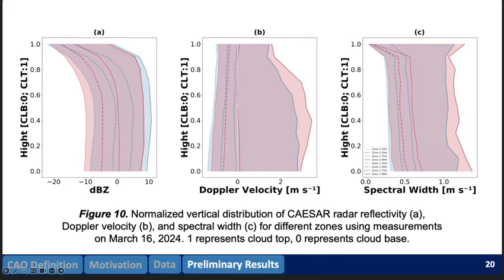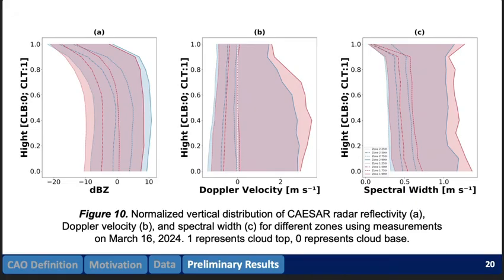But for zone 2, they also have more negative Doppler velocity, probably more precipitation compared to zone 1. And the interesting thing is that zone 2 has a relatively large spectral width compared to zone 1, stronger spectral width compared to zone 1.